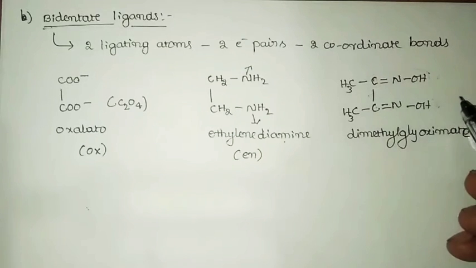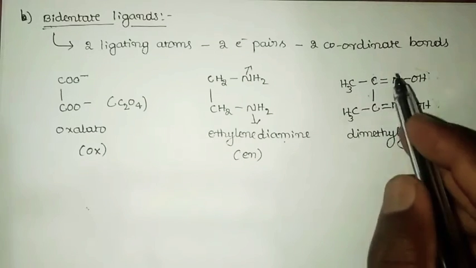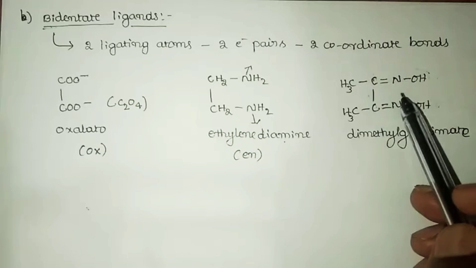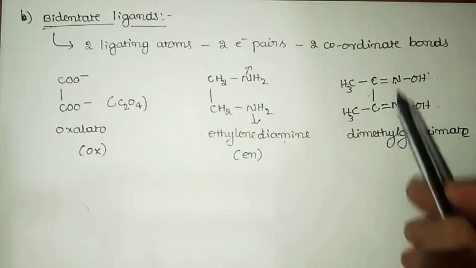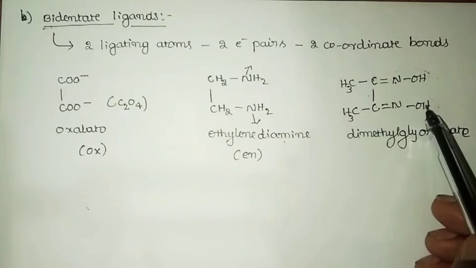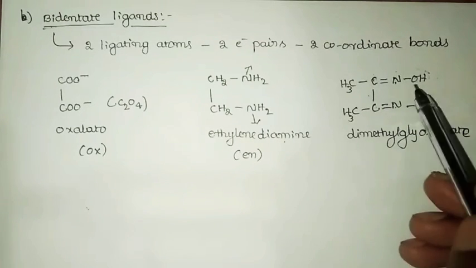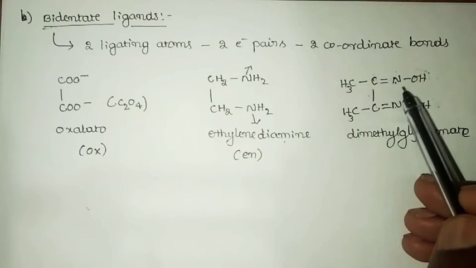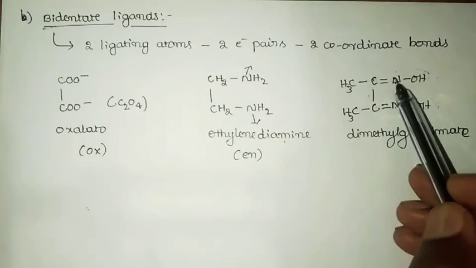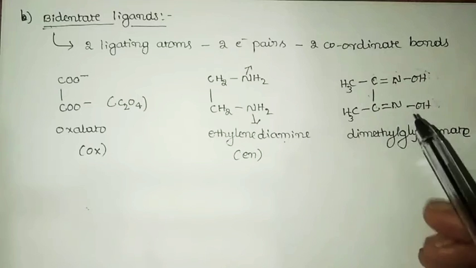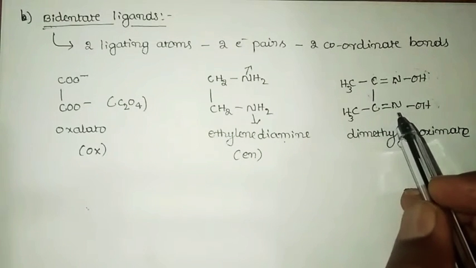So it is dimethyl glyoximate is the ligand, and here also it is coming under bidentate ligand, that is this nitrogen atom can act as ligating atom, but when these two hydrogen atoms were removed, we will be getting the negative charge. But in general, this particular group, when it is acting as ligand, the two nitrogen atoms itself will act as ligating atoms, and since it is also not carrying any charge, this also comes under the neutral only.